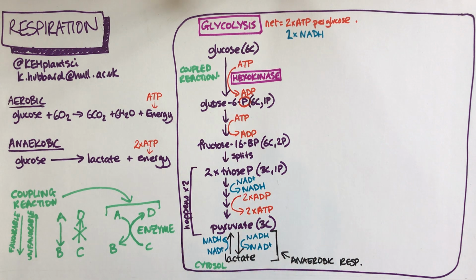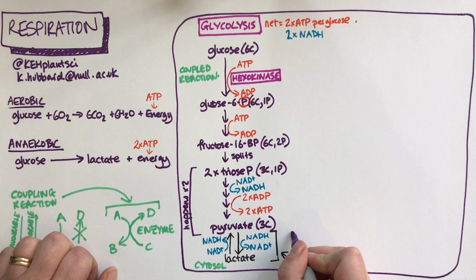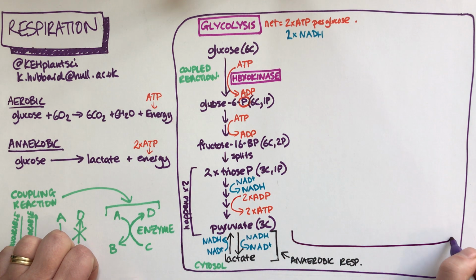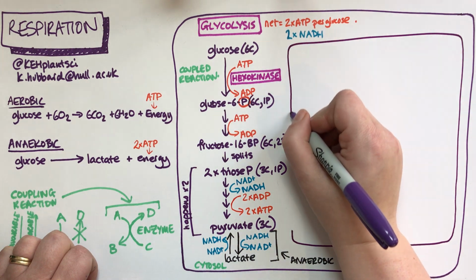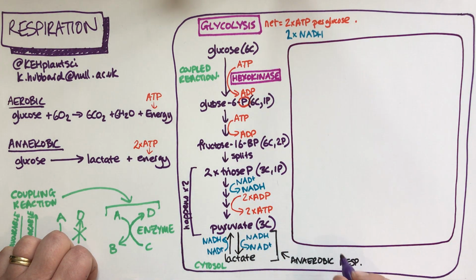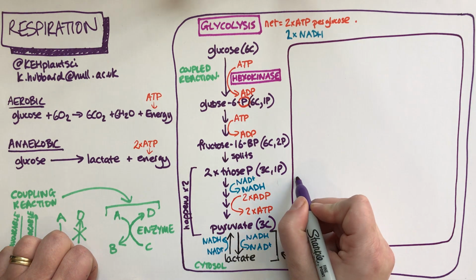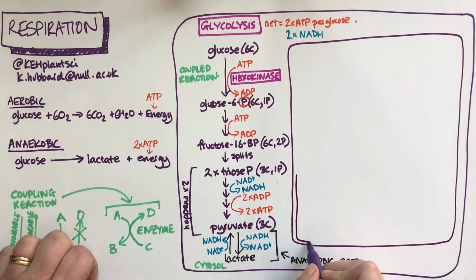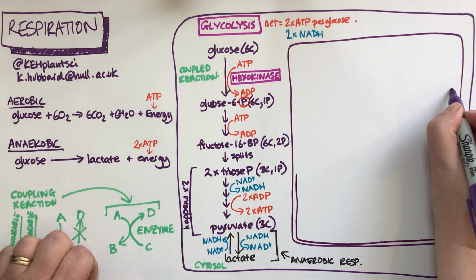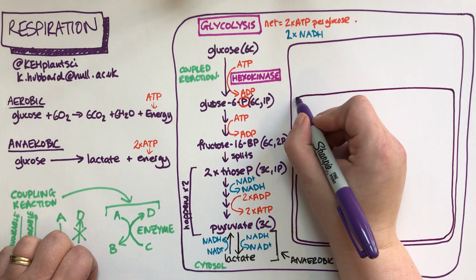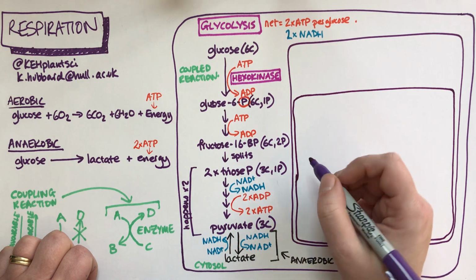So now we're going to move on to aerobic respiration, and you probably know that to do aerobic respiration we need to go into the mitochondria. So let's draw just one massive mitochondrion on my piece of paper. Okay, and you probably know that mitochondria have a double membrane. I'm just going to put the inner membrane coming across there, which will be important in a minute.